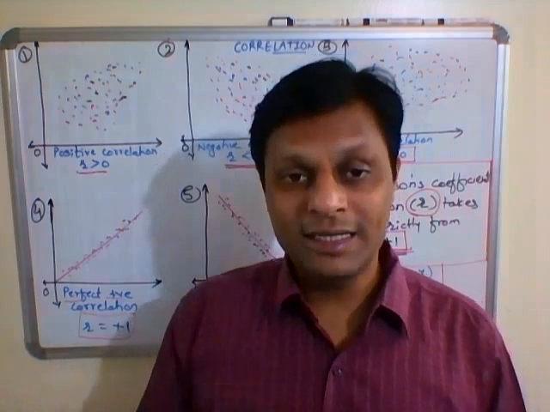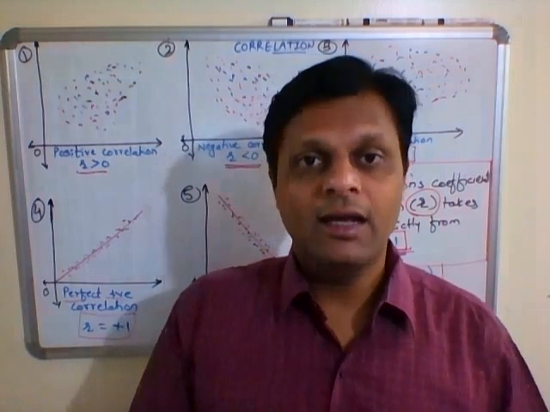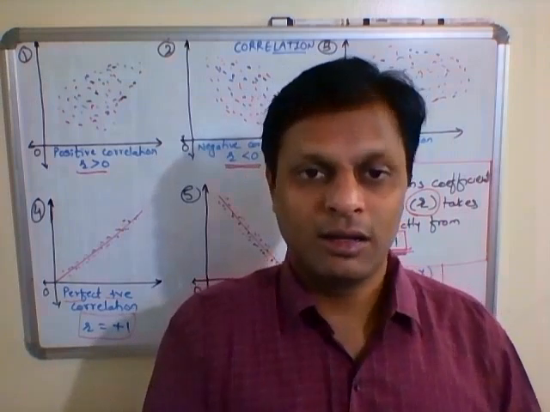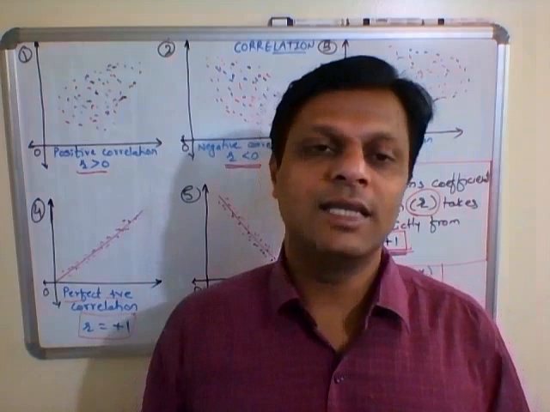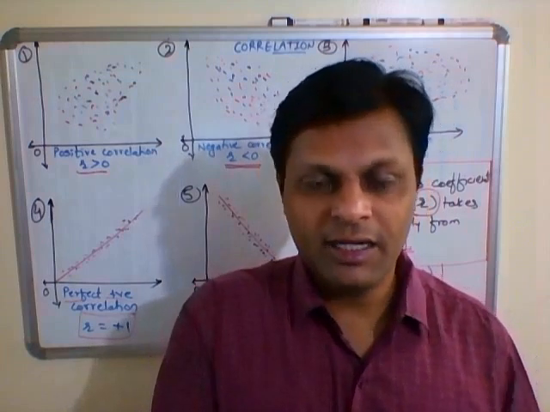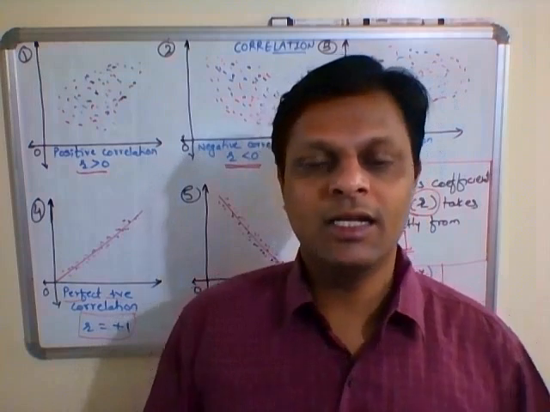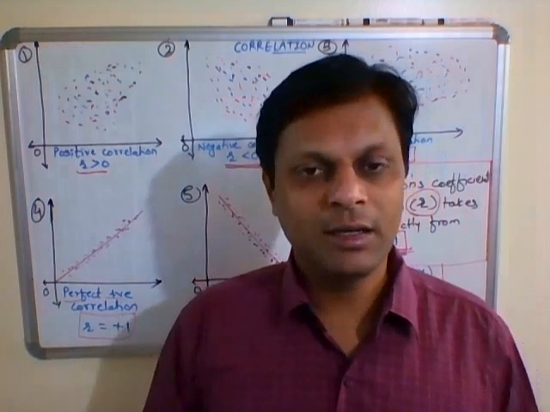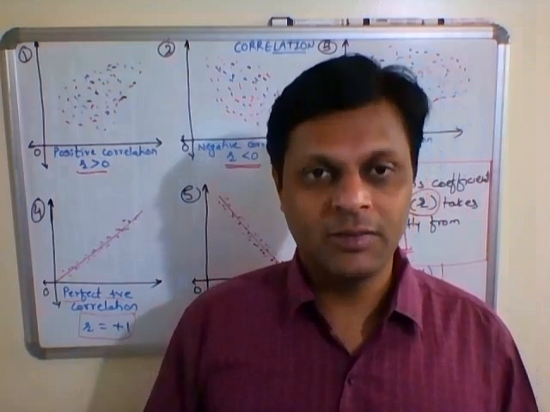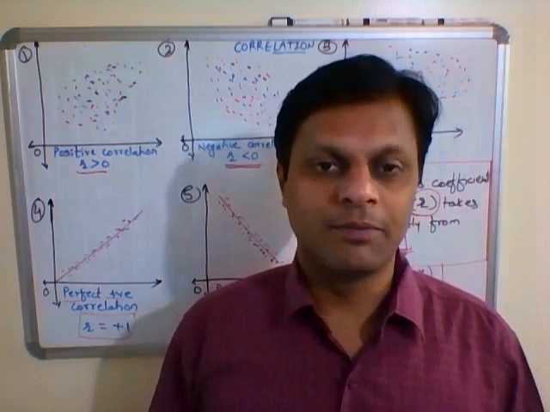So you have to understand whether a relation exists between expenditure on advertisement and sales figures. Whether sales figures are getting affected because of your increase or decrease in advertisement budget, the better thing will be to understand this first using the correlation concept.